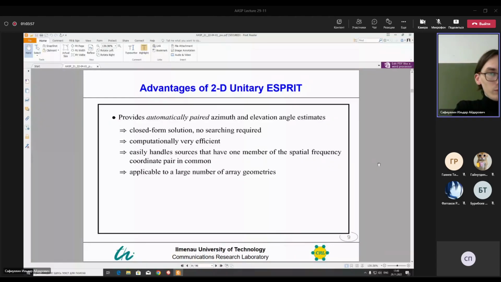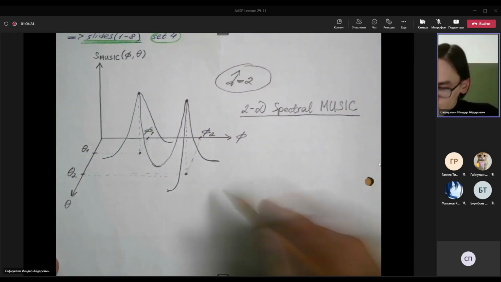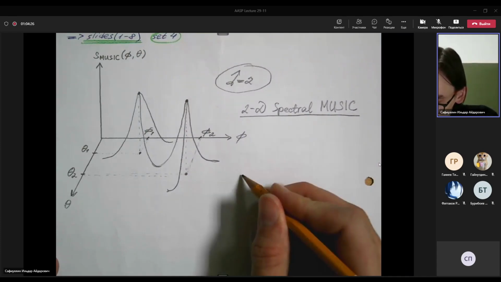And yes, here we can find, for example, two sources that have the same theta 1 but different phi values. I will write it here just with pencil, but we will see it.